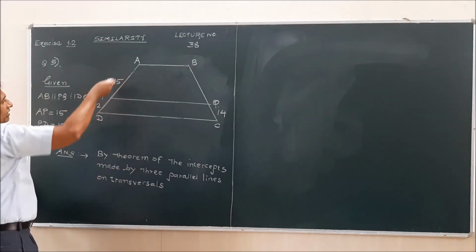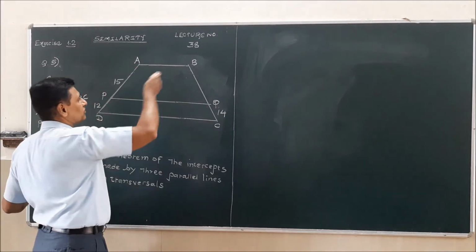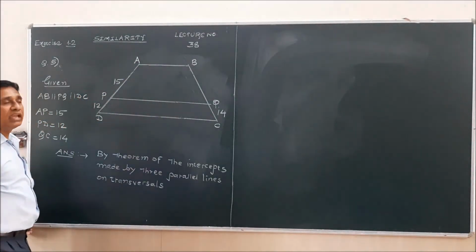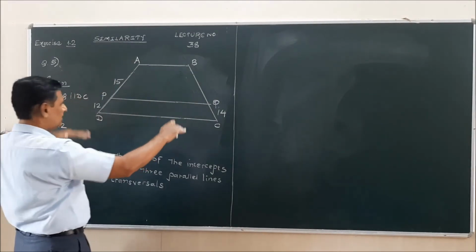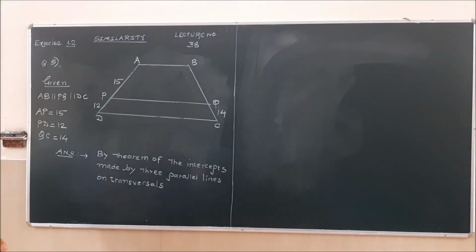You will surely find the names of the transversals, AD and BC. AD and BC are two transversals. AB, PQ and DC are parallel lines.